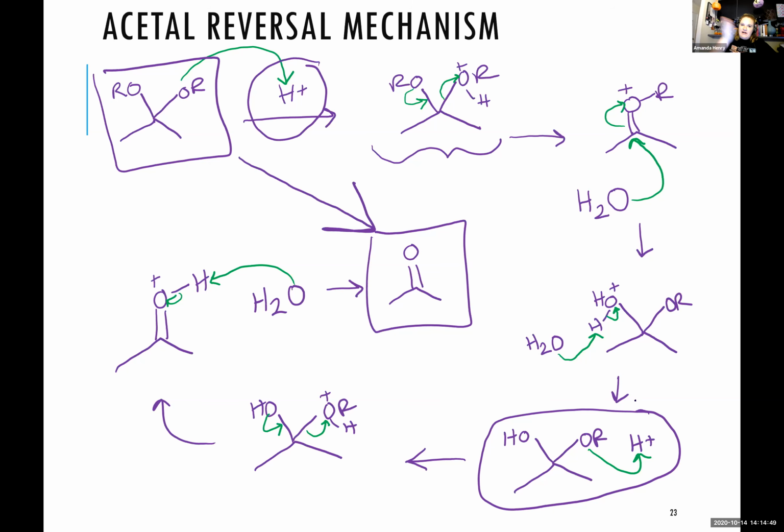So that should give you a little warning flag to say, oh, that should probably be protonated first. There's acid in this environment. So just keep the environment, whether it's acidic or basic, in mind as you're trying to work out those mechanisms.